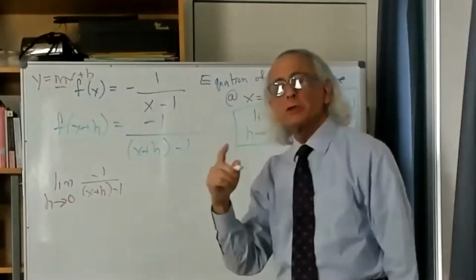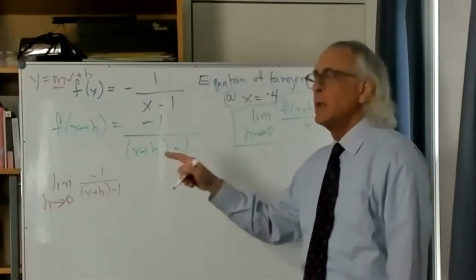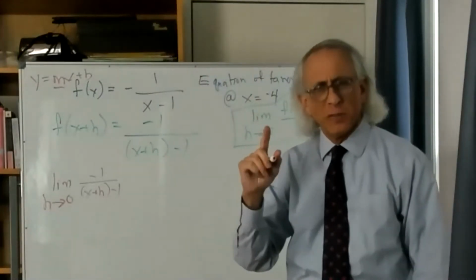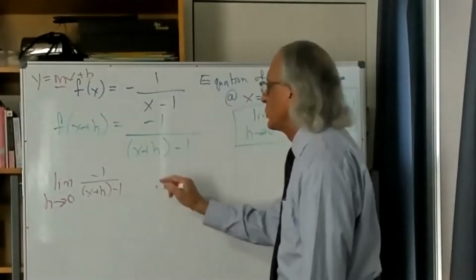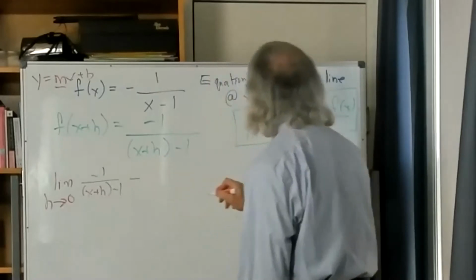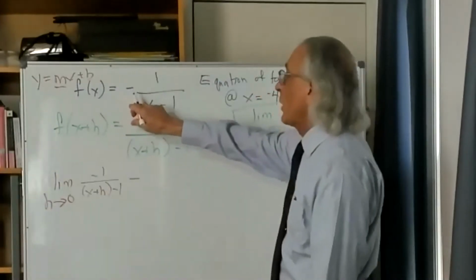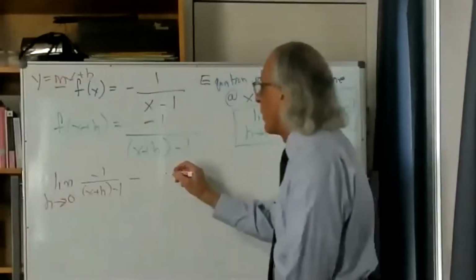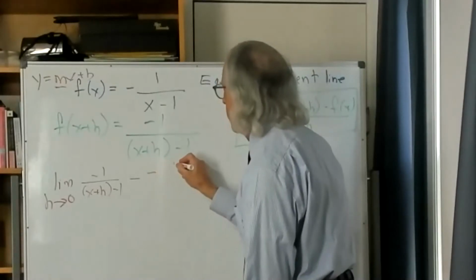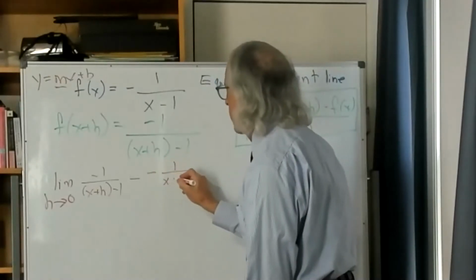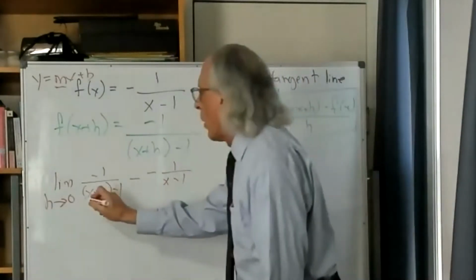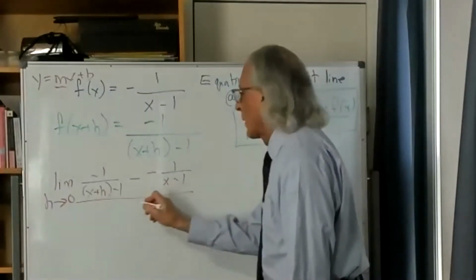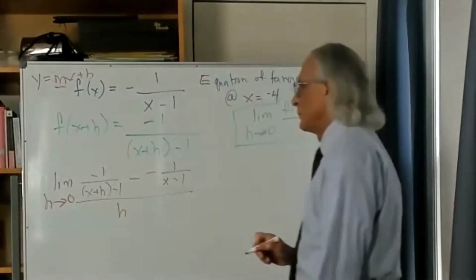I would encourage you to keep this x plus h in parentheses. I think you'll find it easier. So that's f of x plus h, minus f of x, that's what we started with. So minus -1 over x minus 1. And all of this is divided by h.